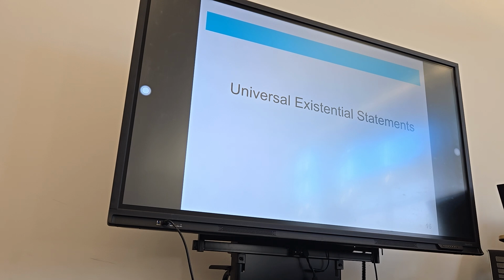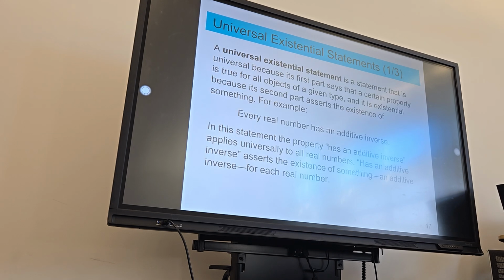Universal existential statements. A universal existential statement is a statement that is universal because its first part says that a certain property is true for all objects of a given type, and it is existential because its second part asserts the existence of something. For example, for every real number, that's the universal statement, there is an additive inverse. There exists something.